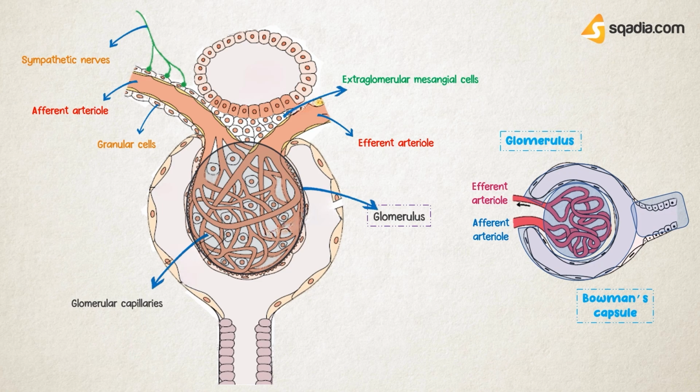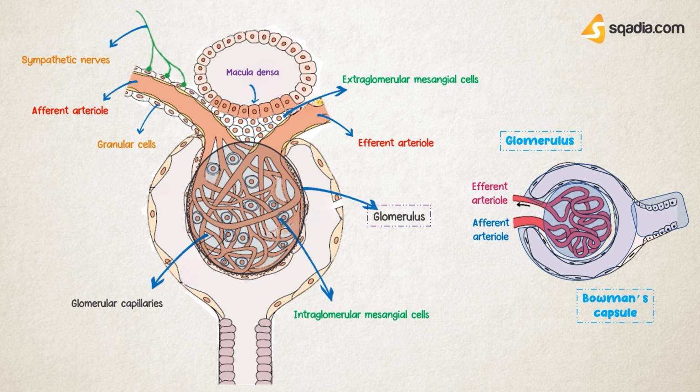The extraglomerular mesangial cells are adjacent to the intraglomerular cells. These are the intraglomerular mesangial cells, located inside the glomerulus and in between the capillaries. These mesangial cells are phagocytic and contractile, and this contraction alters the filtration because it limits the filtration area.